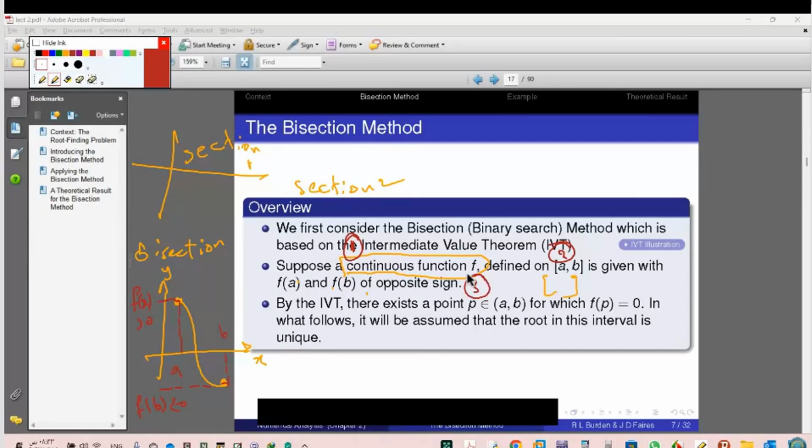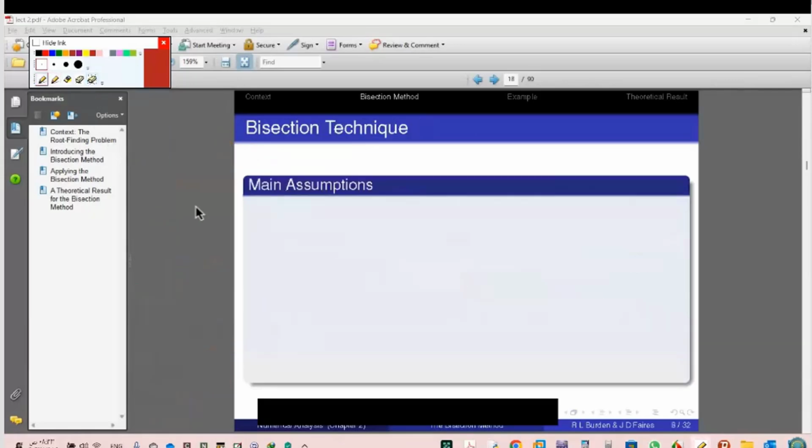So for bisection, before starting to say yes or no, you have to check these conditions. If one of these conditions is not correct or not specified, you will cancel this method. You cannot use this method. How we will solve, I will tell you. Just a minute. So let's see here.